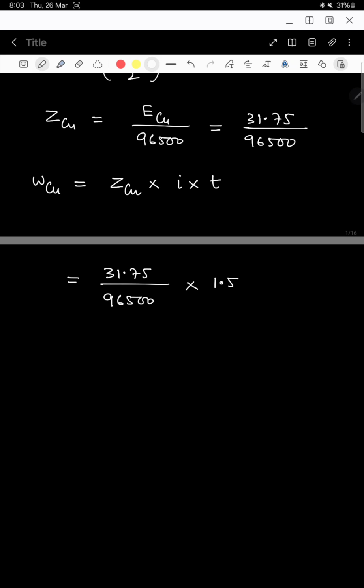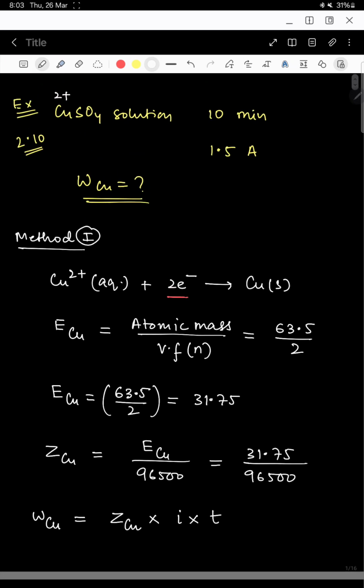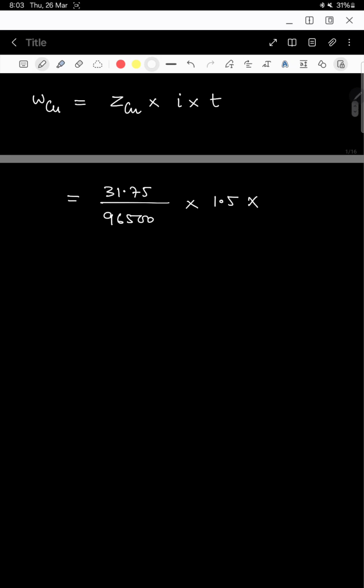The current was given to be 1.5 ampere and the time is given to be 10 minutes. Now you have to convert into seconds. I told you when we apply this formula W equal to ZIT, time must be in seconds. So 10 into 60, that will be 600 seconds, right? So this is 600 seconds. Now when you solve this, you will get the answer.